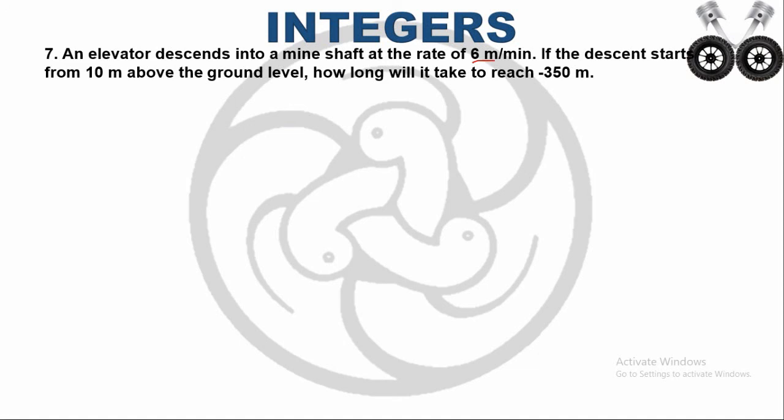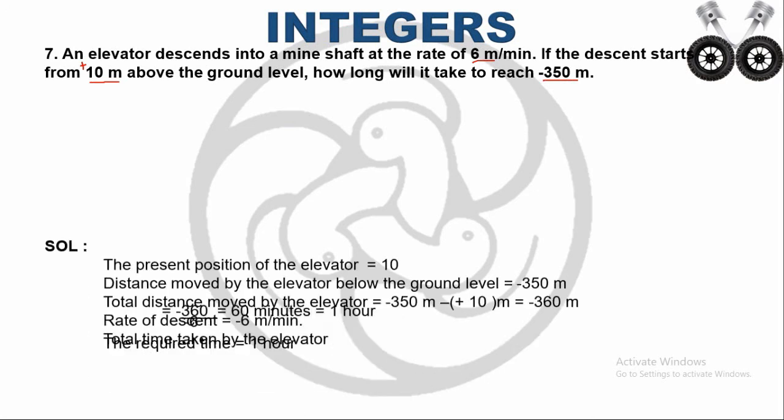So in the initial stage, the elevator's position above the ground level is 10 meters. Above means you have to denote the integer as a positive integer, so that is plus 10 meters. How long will it take to reach minus 350 meters? Minus 350 meters means that the elevator should be below the ground level. So how can we find it?